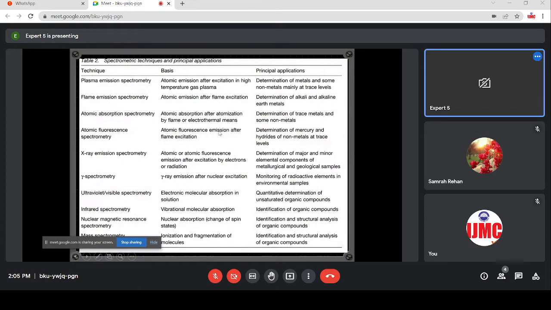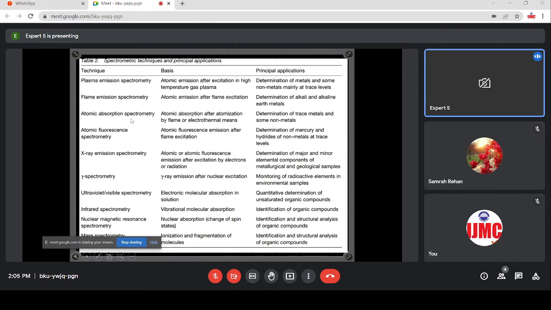Another table shows the spectrometric techniques and principal applications. Plasma emission spectrometry, atomic emission after excitation in high temperature argon plasma, applications: determination of metals and some non-metals, mainly at trace levels. Flame emission spectrometry, atomic emission after flame excitation, determination of alkali and alkaline earth metals.